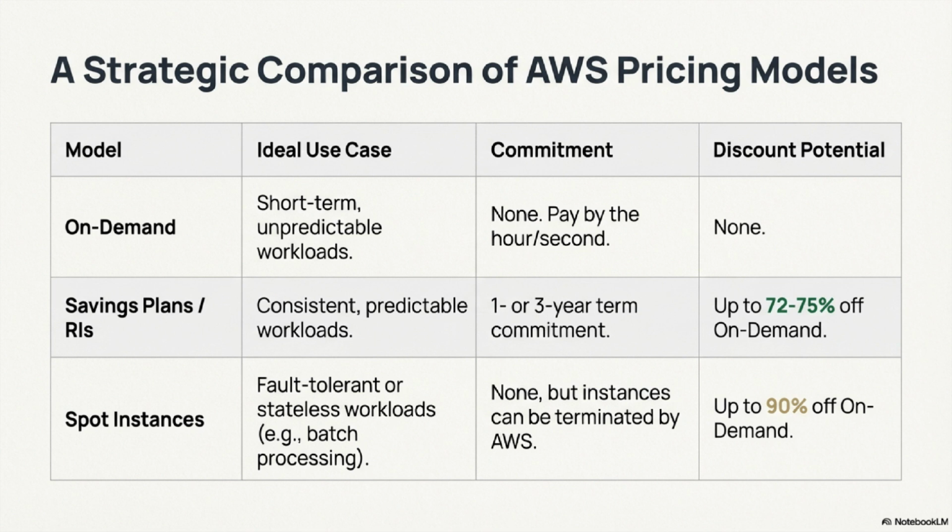They require a 1 or 3 year term commitment and can offer up to 72 to 75% off the on-demand price. Spot instances are perfect for fault-tolerant or stateless workloads, such as batch processing. While they offer the highest savings, up to 90% off, they come with the highest risk. Knowing these percentages and terms, 1 versus 3 years, is a high probability exam topic.